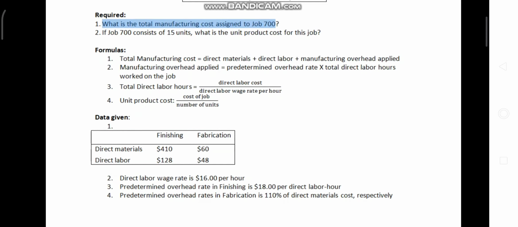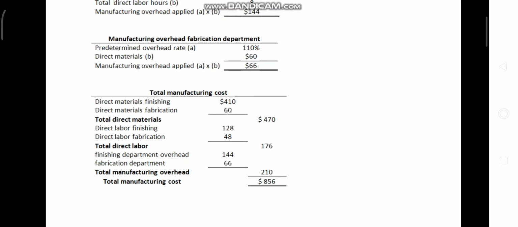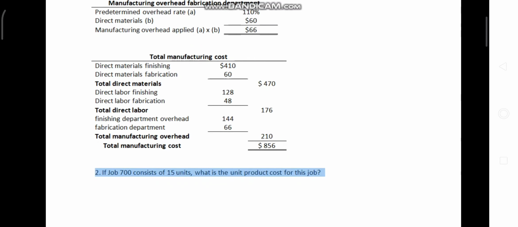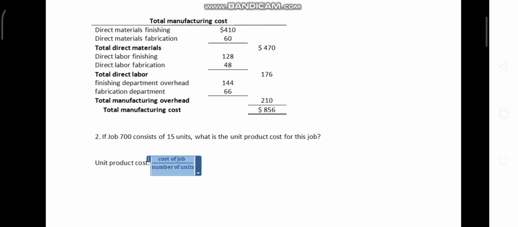Let's solve requirement number 2. The formula for unit product cost is cost of job divided by number of units.